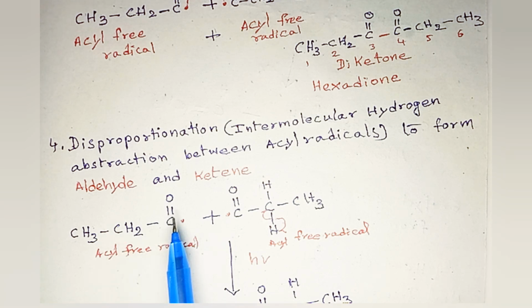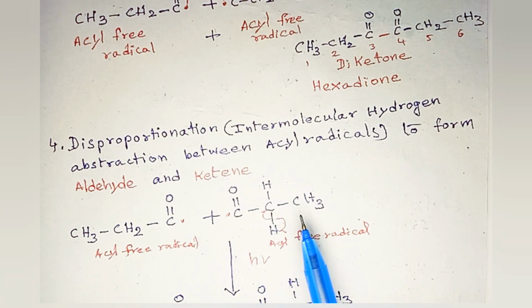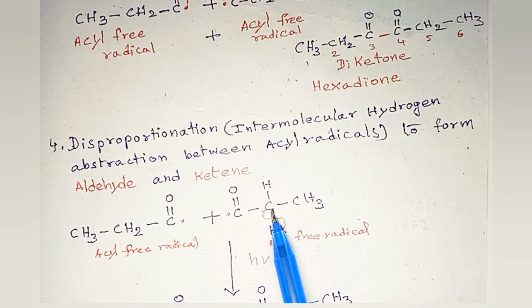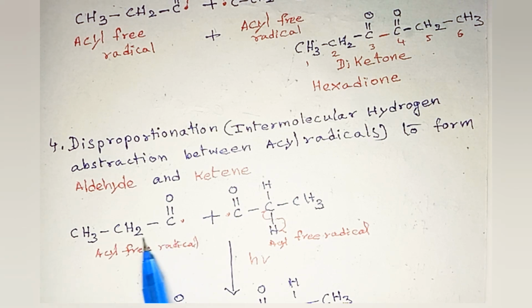CH3CH2 C double bond O radical, an acyl free radical, and another acyl free radical, CH3CH2 C double bond O. This CH2 is written as H and H. The bond between this carbon and hydrogen cleaves and forms hydrogen along with its electron, and this electron goes to this carbon atom. This hydrogen along with its electron is abstracted by this acyl free radical.